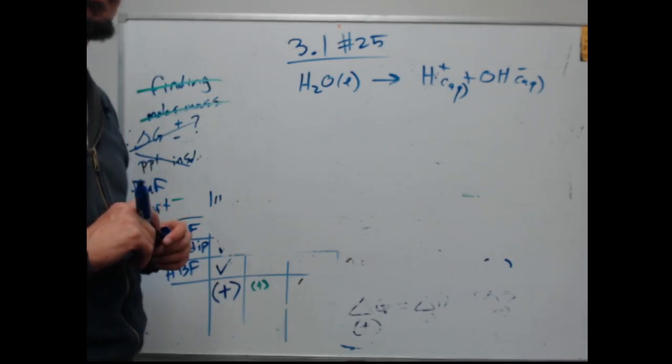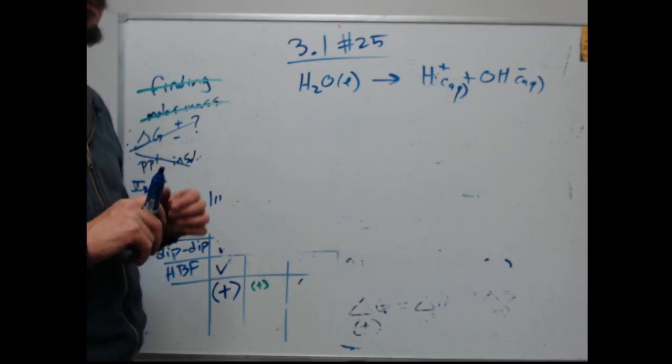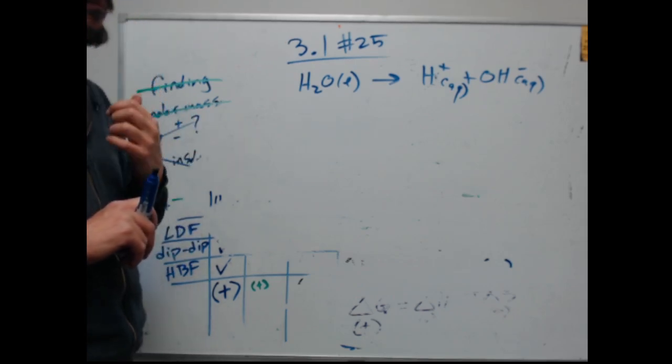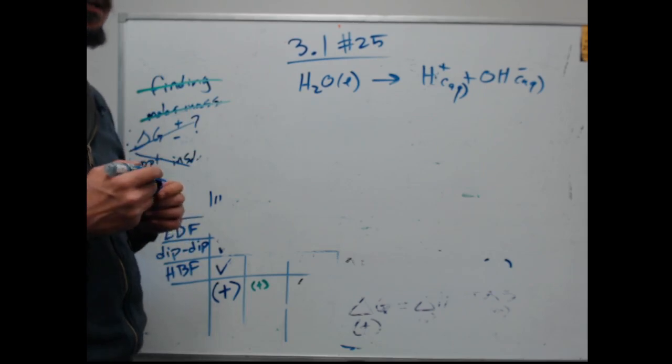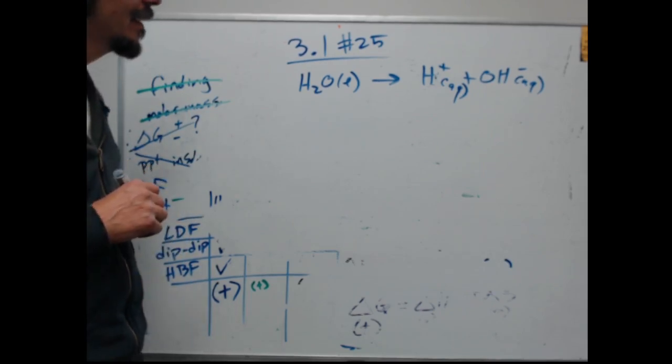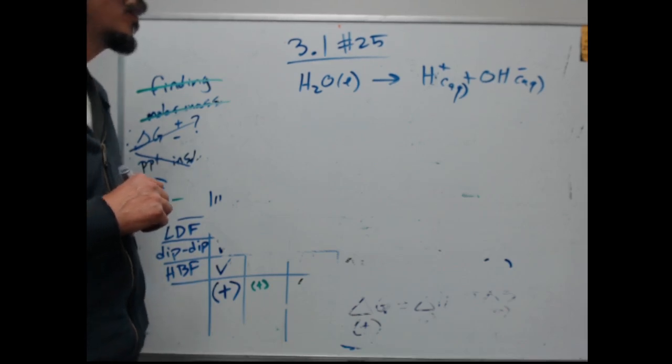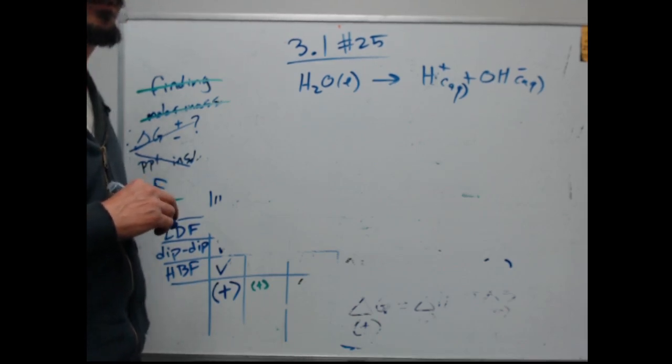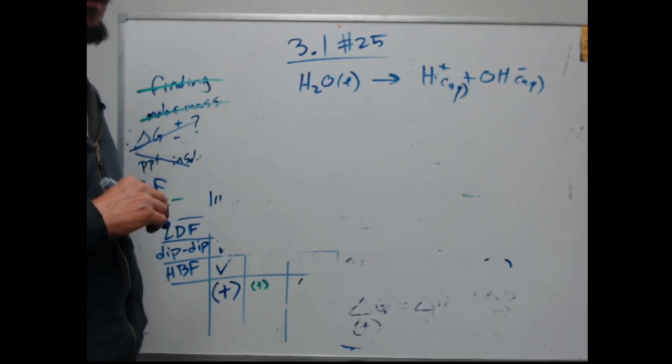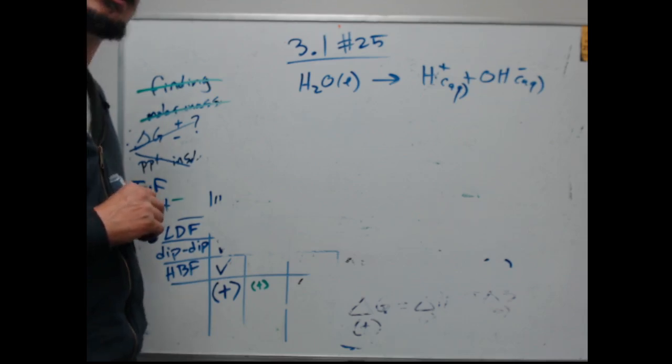Okay, and what did the question ask for delta H? It just asks what's the sign of delta H. What do you think the sign is going to be? I don't know, is it negative? I think so.